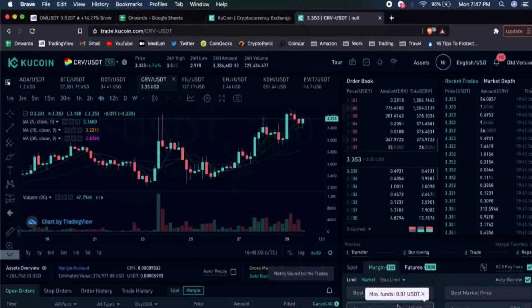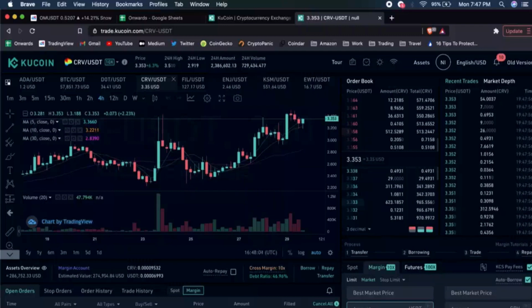So let's assume I have 10,000 USDT in my account, right? So I can go 10,000 USDT, and then if I click on buy, it's going to open my margin position on 10x, right? What that means is it's going to take 1,000 of my USDT that I have in my account. So I need to make sure I have that in my account.